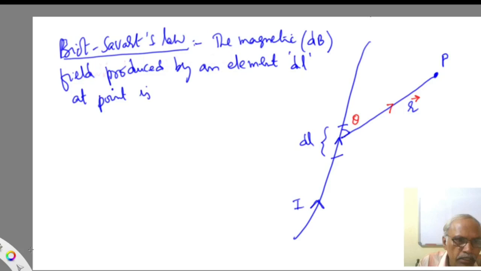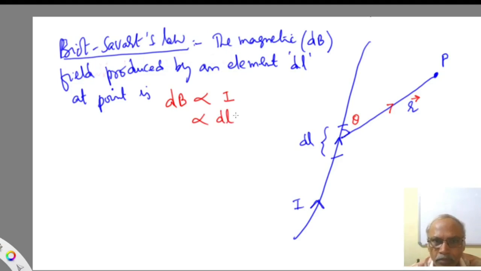Here I am writing dB because it is a very small magnetic field produced by a small element. dB is directly proportional to the current I. More the current through the element, more the magnetic field. It is also directly proportional to dl, the length of the element. More the length of the element, more the magnetic field. It is also directly proportional to sine theta, where theta is the angle between the direction of dl and the direction of r bar. And it is inversely proportional to the square of the distance.